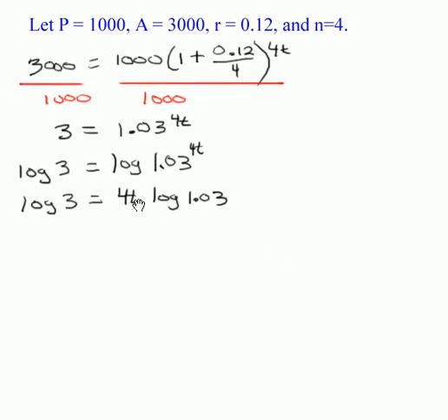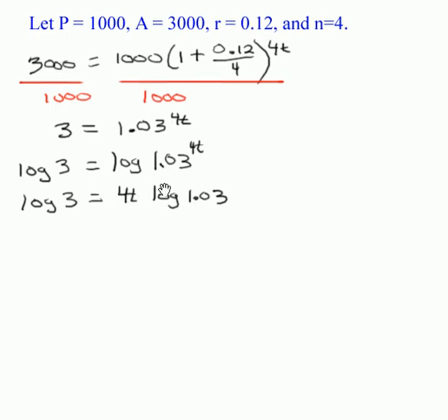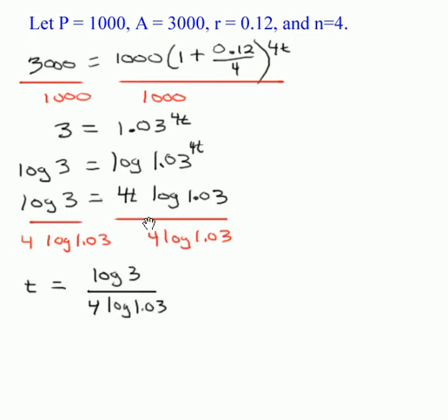So what was on the right, the 4's divide out, the logs of 1.03 divide out, all that's left is t. And I'm going to write that on the left, since we mostly like to see our variable on the left side of an equation. Alright, and that's going to be equal to whatever the log of 3 is, divided by whatever 4 times the log of 1.03. So we're going to need the log buttons on our calculator pretty soon.